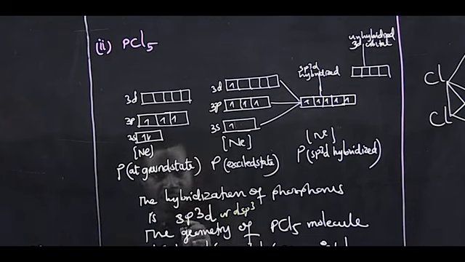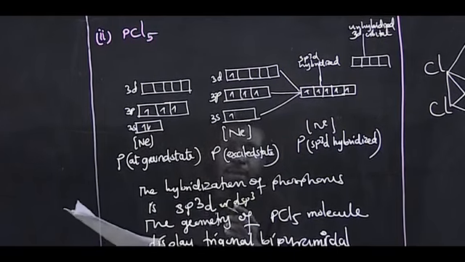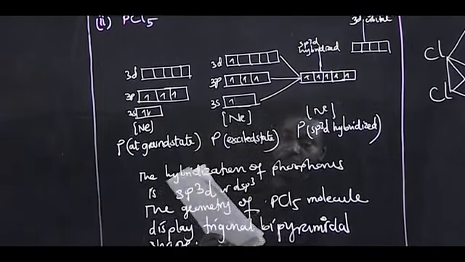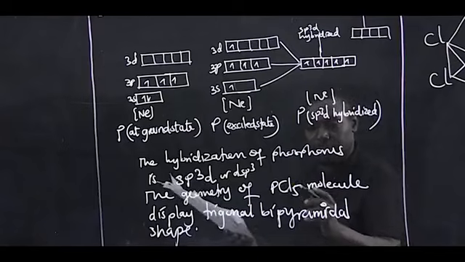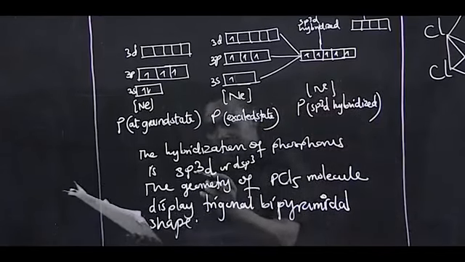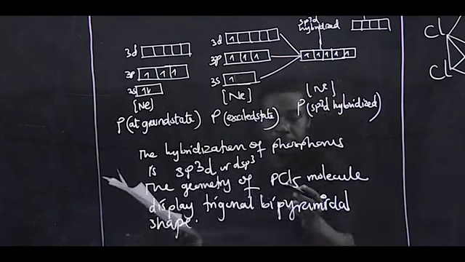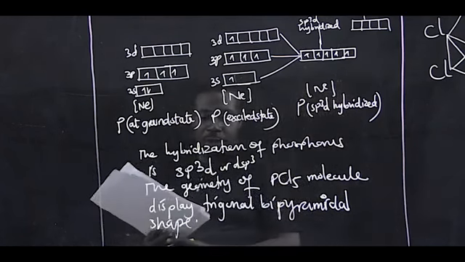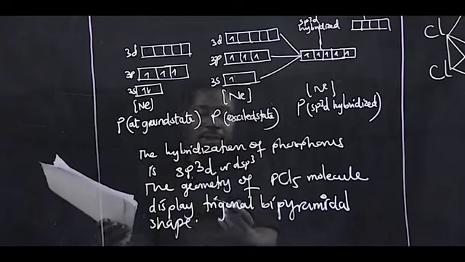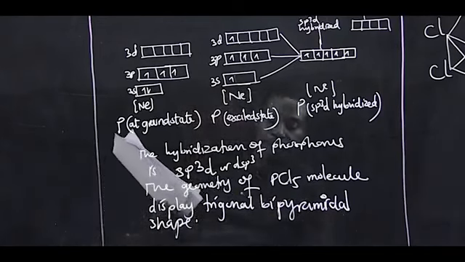The hybridization sp3d is applied to predict the geometric shape of the molecule phosphorus pentachloride. According to this kind of hybridization, the geometrical shape displayed by the phosphorus pentachloride molecule is trigonal bipyramidal.